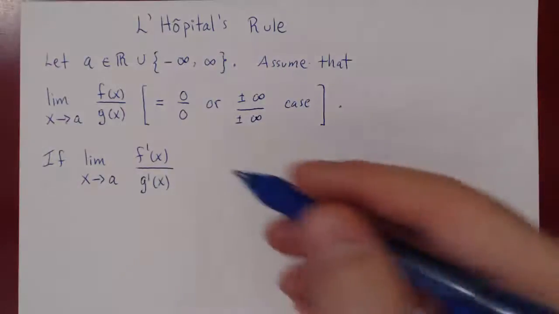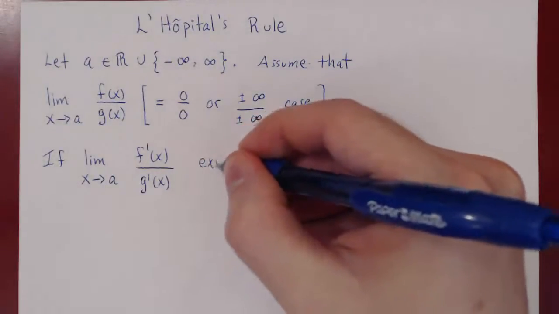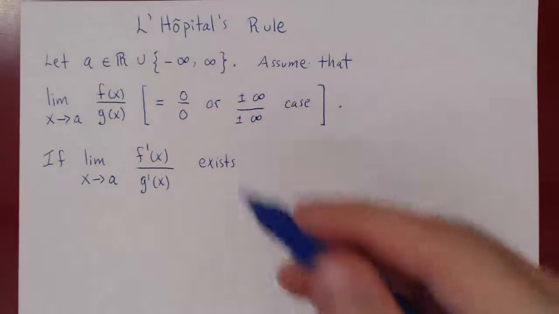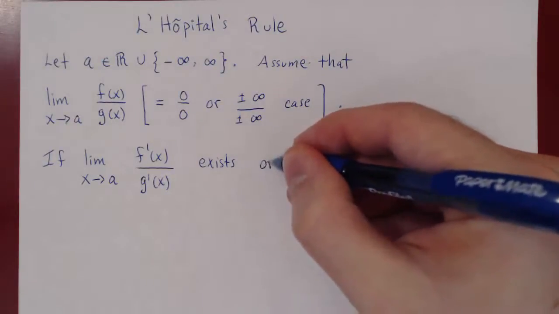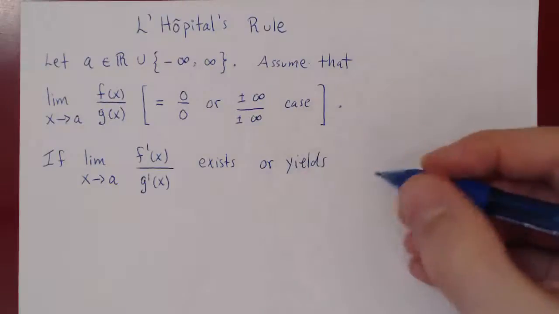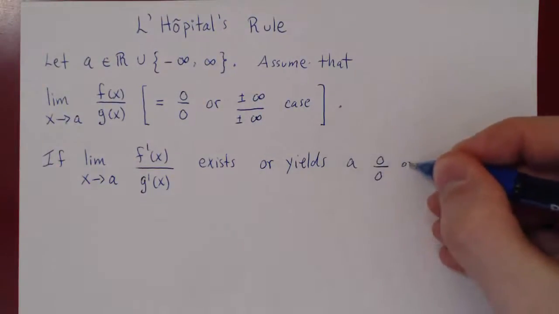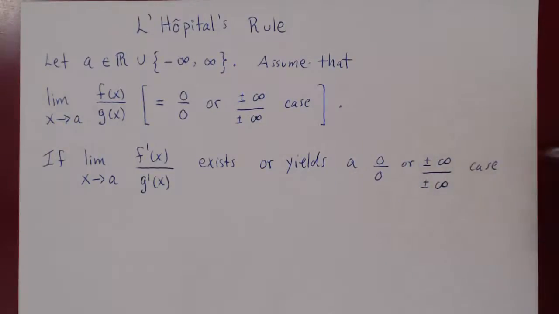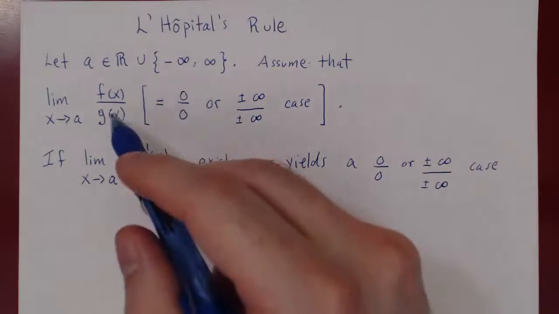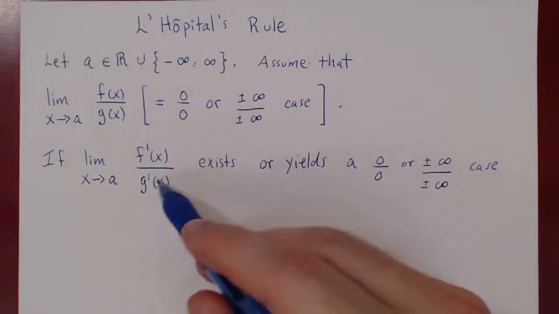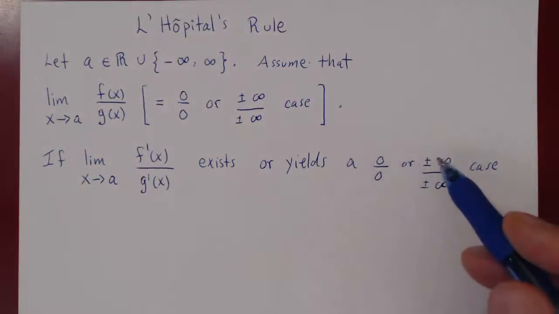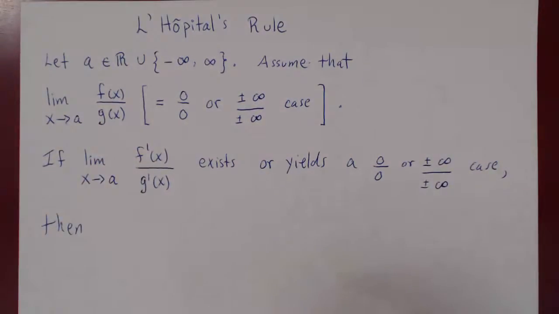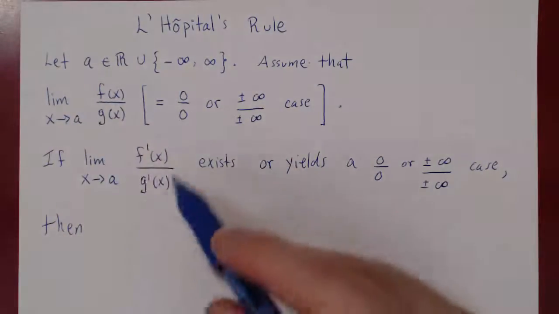We simply replace each function, the numerator by its derivative, the denominator by its derivative. And if this limit exists, or yields again a 0 over 0 case or infinity over infinity case, so if this limit, replacing each function by its derivative, either exists, so gives a real number, or yields again a 0 over 0 or an infinity over infinity case, then, and that's the conclusion, L'Hôpital's rule says that these two limits are actually equal.